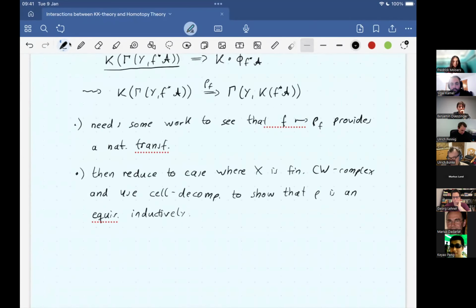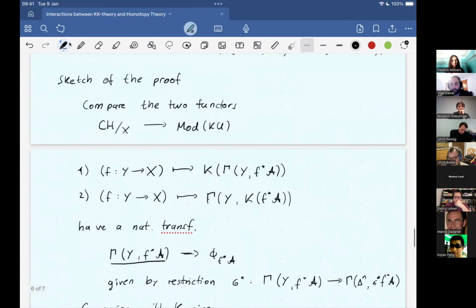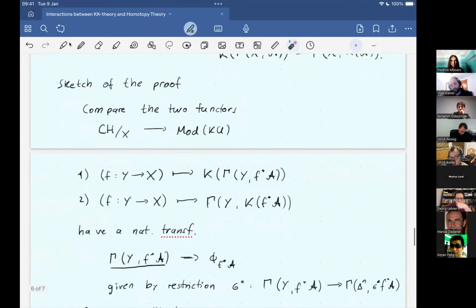Right. And I want to spend the second half to outline this. So this gives you an identification of these two pictures of twisted K theory, where this is the more operator algebraic side, and this is the homotopy theoretic one. And now one can take the homotopy theoretic picture and ask questions like, what kind of twists do I have? Can I classify them in some way? And then go back to the operator algebraic side and ask, can I find a bundle of C-star algebras that somehow realizes these twists?